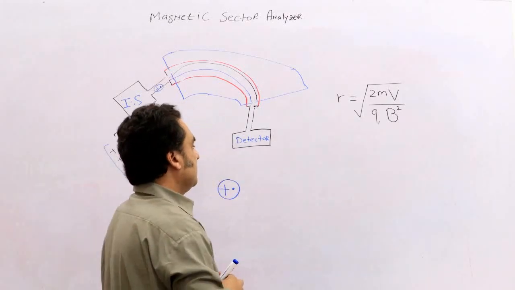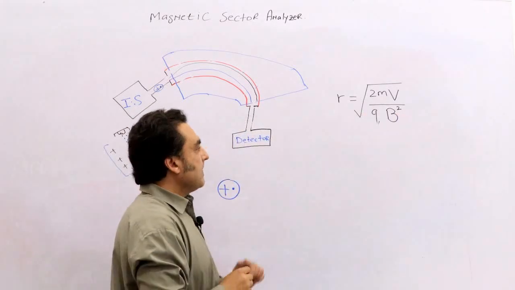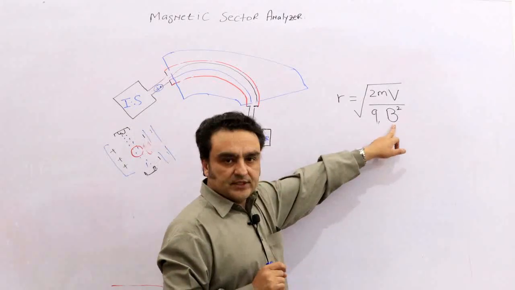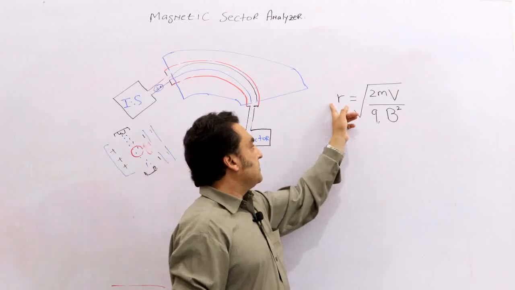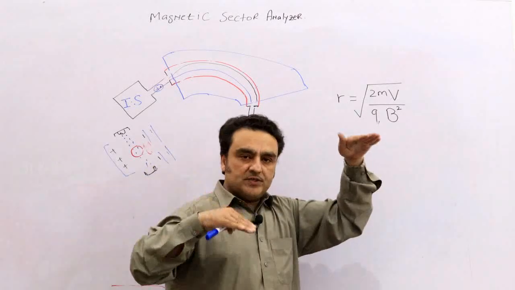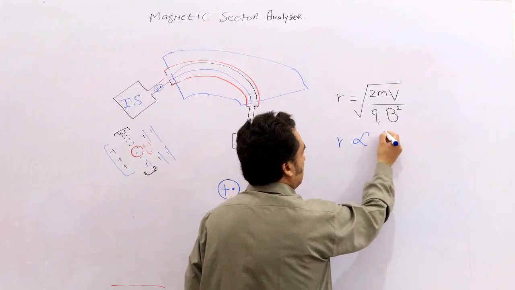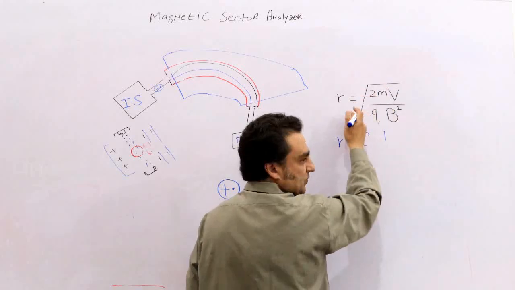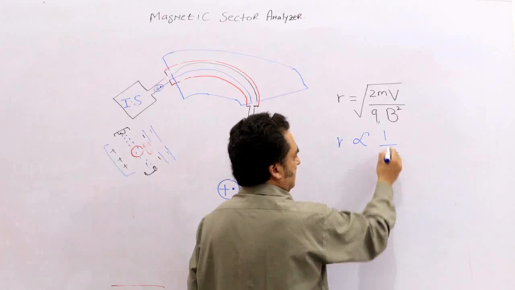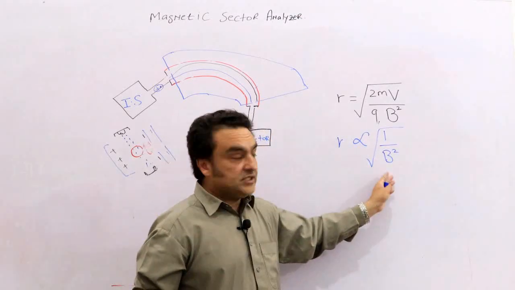Now coming to the value of R and this magnetic field. If the magnetic field is small, R is big; if the magnetic field is big, R is small, as both are inversely proportional to each other. Suppose no root is present, R is proportional to 1 by B squared. Let me write it like this.